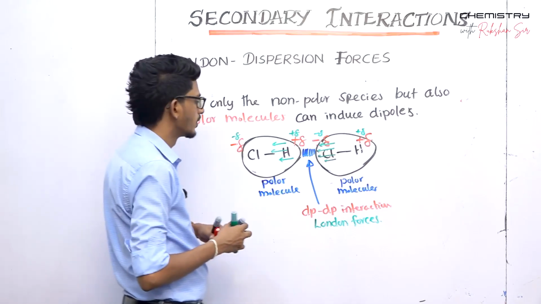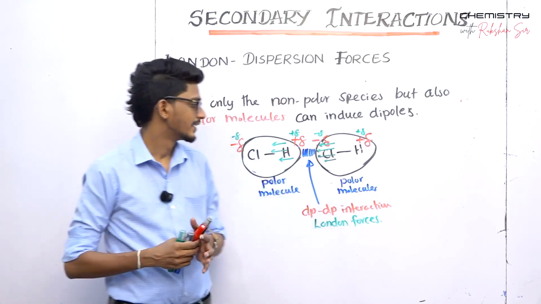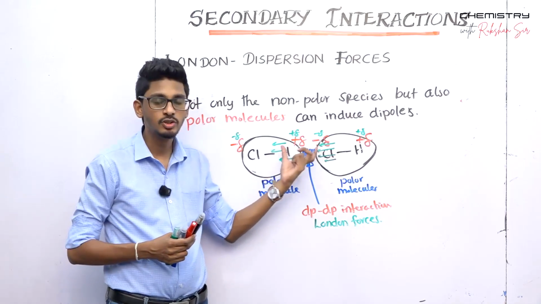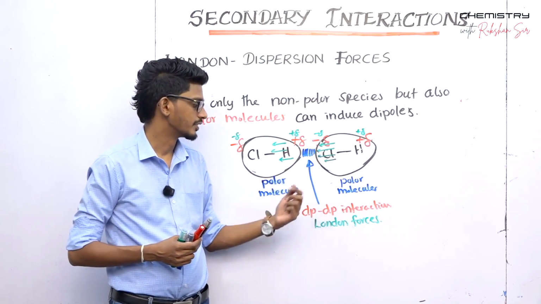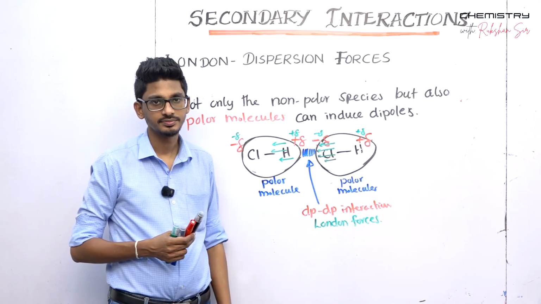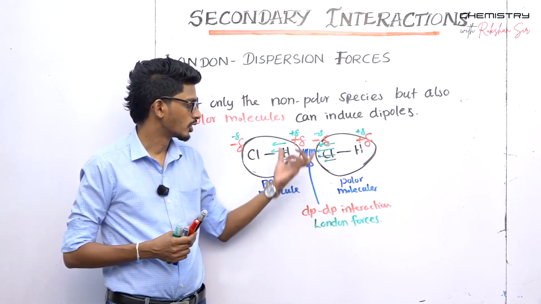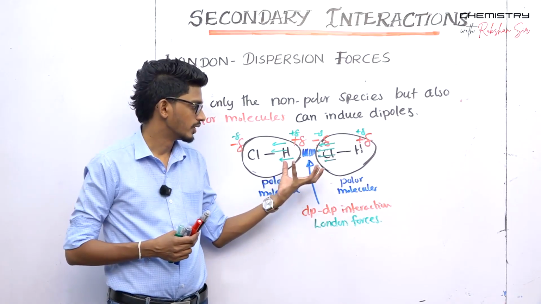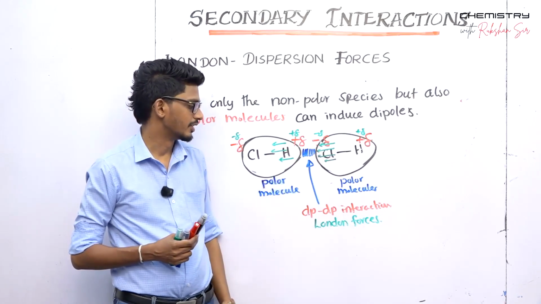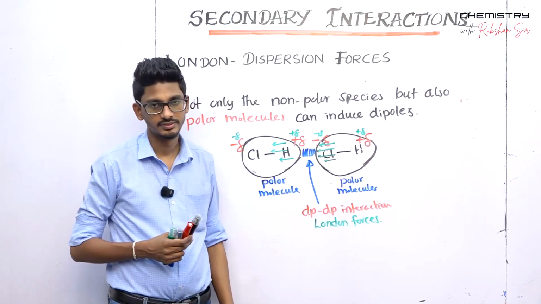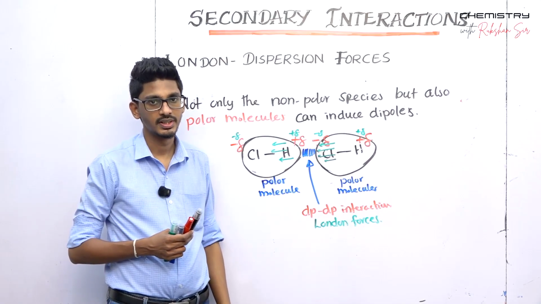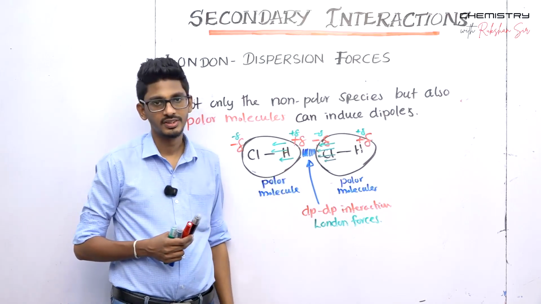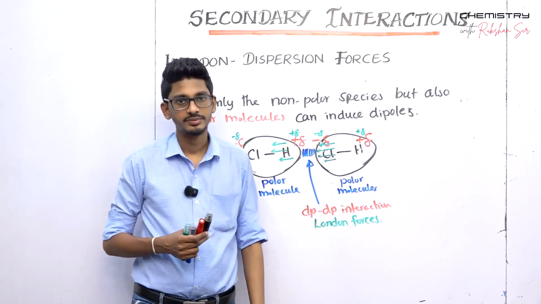So we can conclude that between any two molecules, London forces may appear, not only between non-polar molecules, but also between polar molecules, because of these induced dipoles created in the vicinity of outer charges.